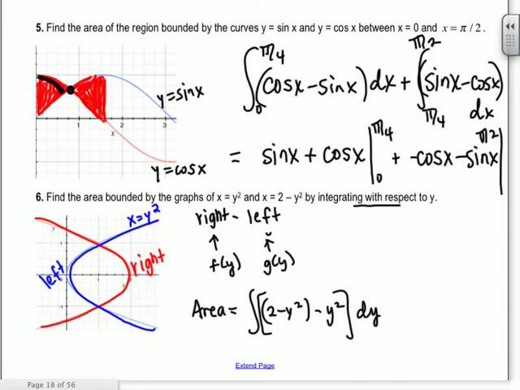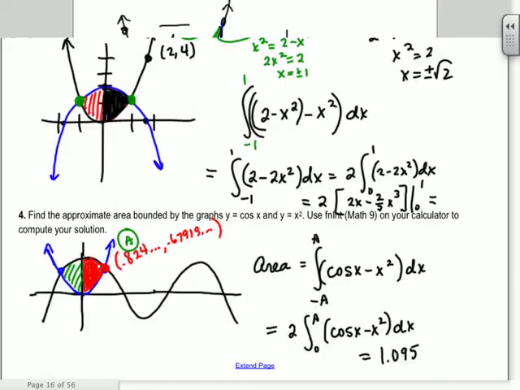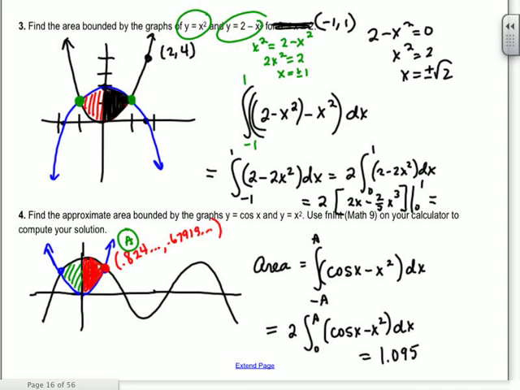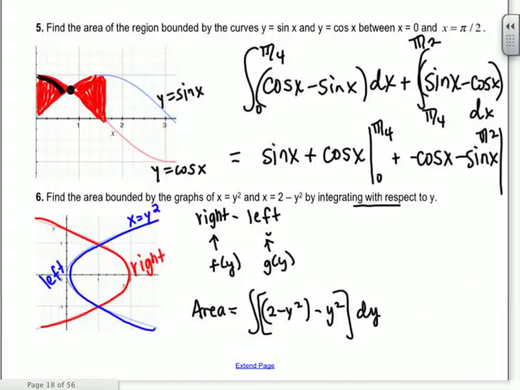So when we integrated with respect to x, our limits of integration a and b were x values, right? So you can go back and look at the last one we did. All right, we went from negative 0.824 to positive 0.824. Those were x values. So when you integrate with respect to y, you're going to go from y values.